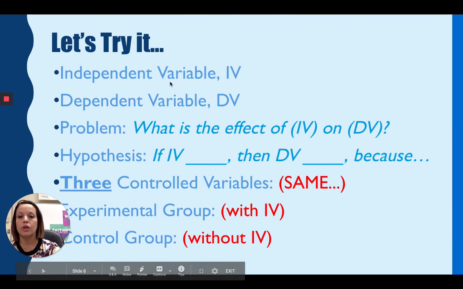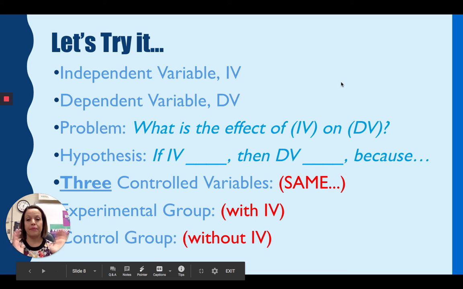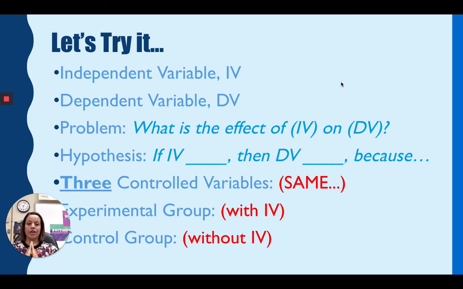Let's go back here. Okay, my experiment. What is the effect of drinking coffee on stunting a child's growth? My independent variable would be drinking coffee. My dependent variable would be the height of the child.